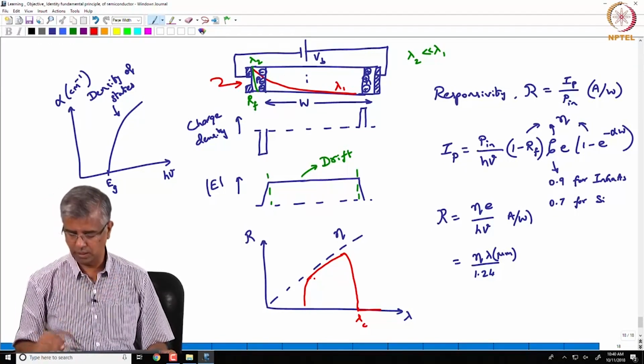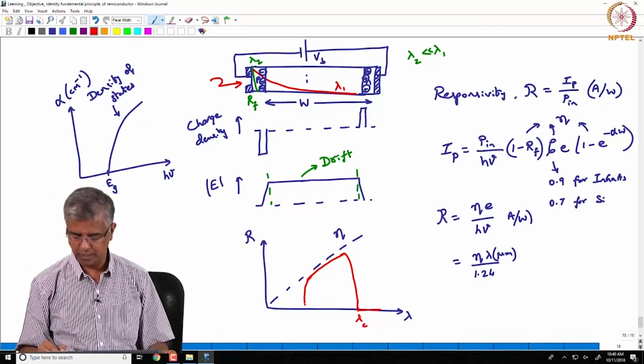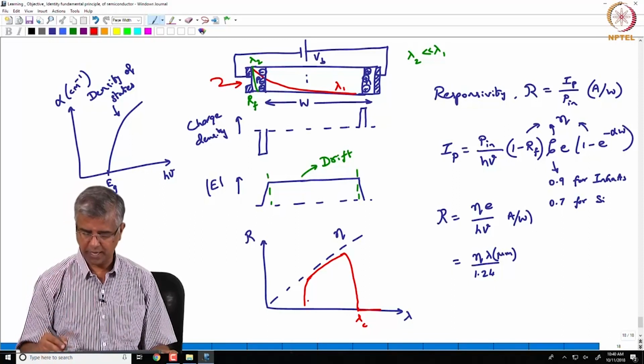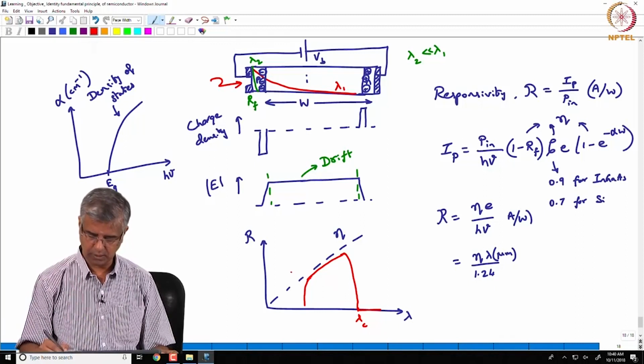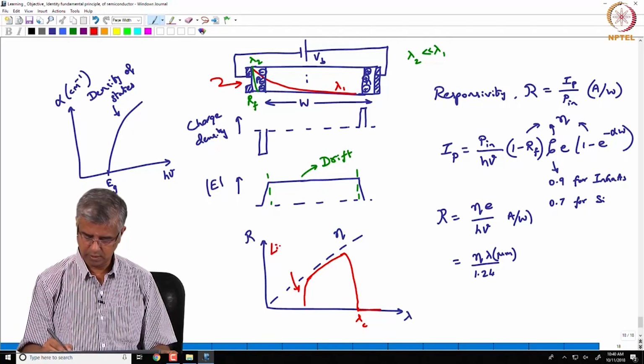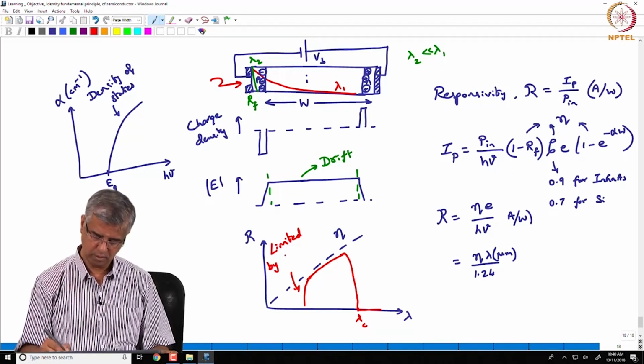It is going to drop off abruptly because at this point it is limited by ultra short penetration.